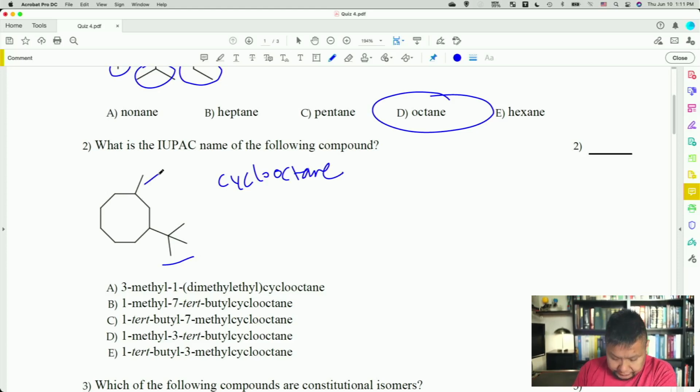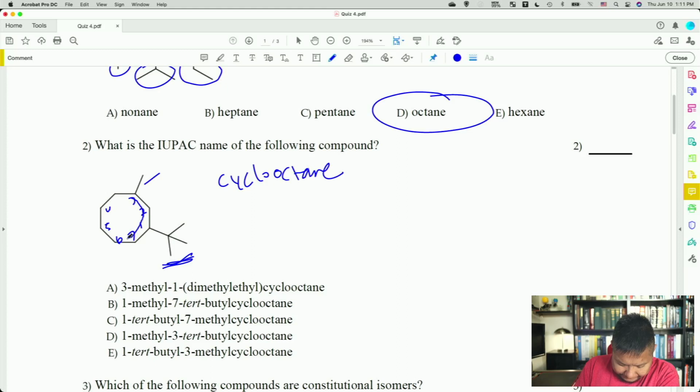The substituent with the name alphabetically first will get the first locant, or the first number, and in this case butyl will be it. So 1, 2, 3, 4, 5, 6, 7.